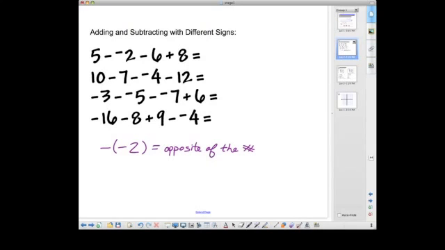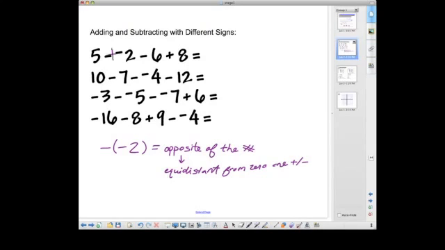Opposite means equidistant from zero with different signs. So if it asks you to do the opposite of negative 2, what you're really doing is adding 2, right? The opposite of negative 2 is positive 2.